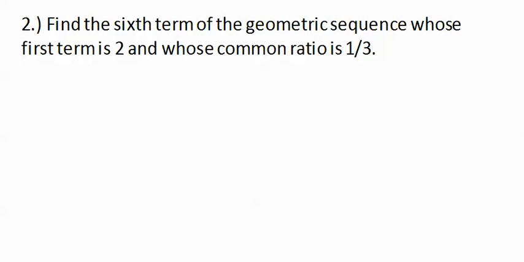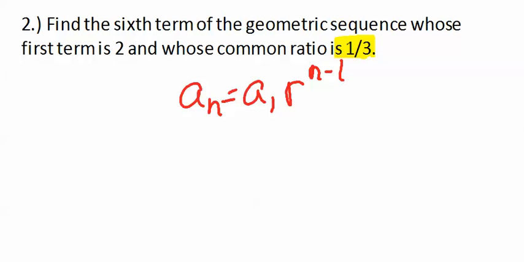In our second example, we're going to find the sixth term of the geometric sequence whose first term is 2 and whose common ratio is 1/3. So again, we're going to take a look at that general formula, which is a sub n equals a sub 1 times r to the n minus 1 power. Our common ratio is 1/3, and our first term is 2.